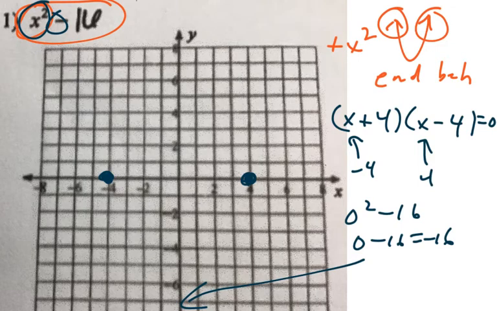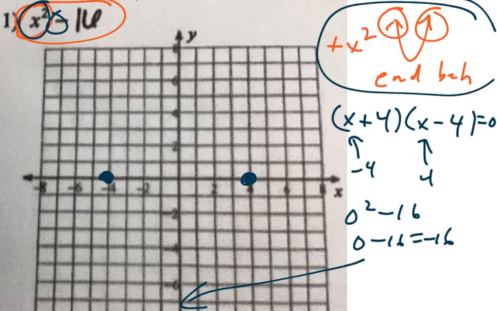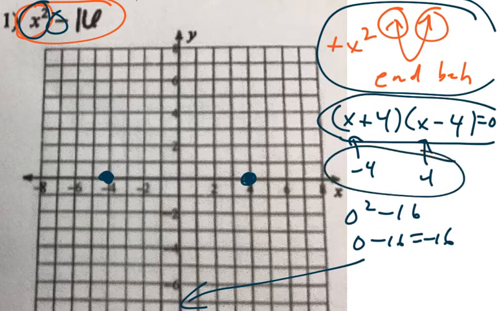Don't panic that you can't graph that key point. This is all your teacher wants: he or she wants you to discuss the end behavior, factor it, find the intercepts and plot those.